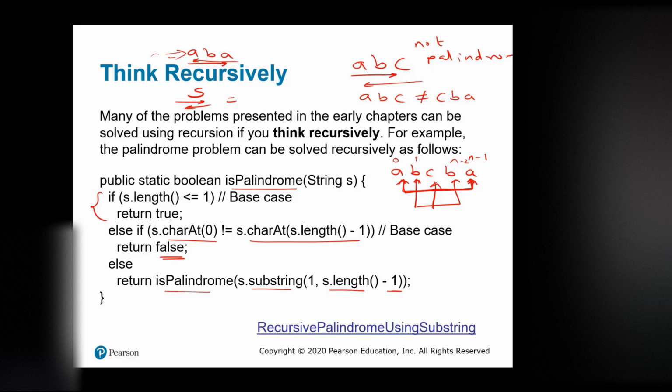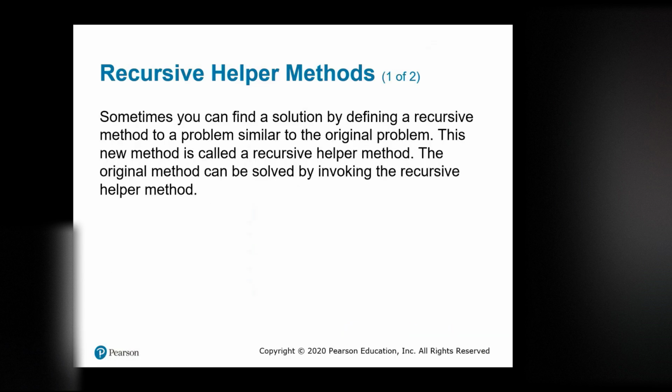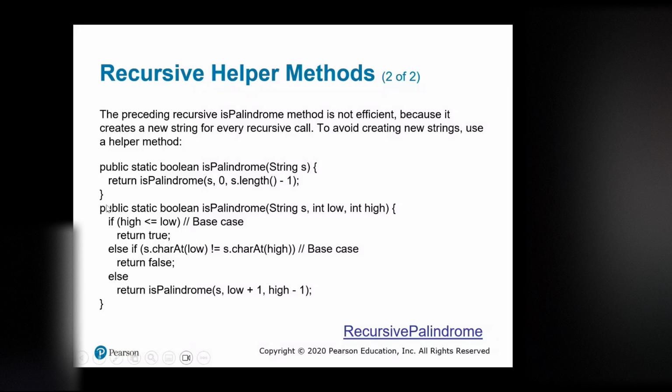So just one example of that. Now they have another way to look at it also. So what they are doing is public static, again Boolean, and is palindrome, it takes a string.